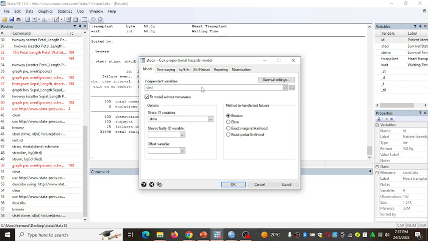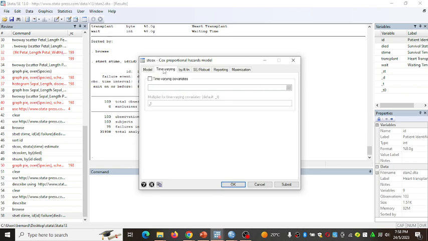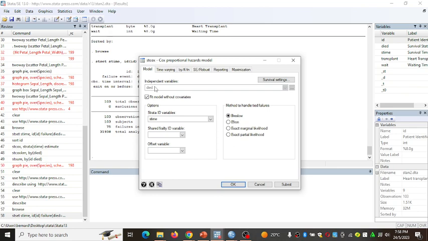Okay, now which is our independent variable? For example, you can come up with these ones here. But these are options. So let's see which one we can actually insert here.